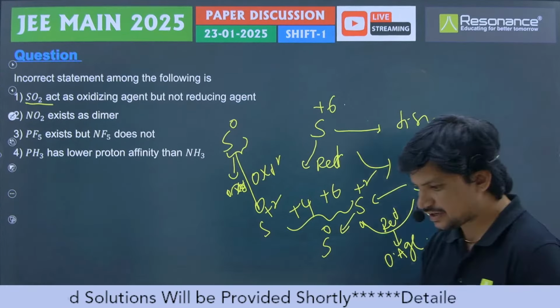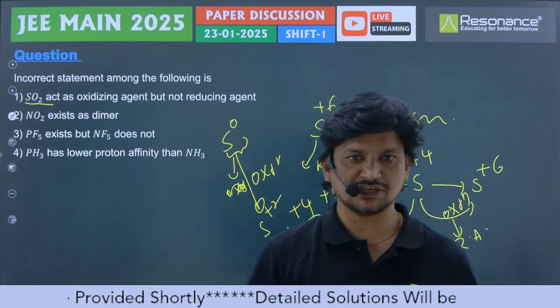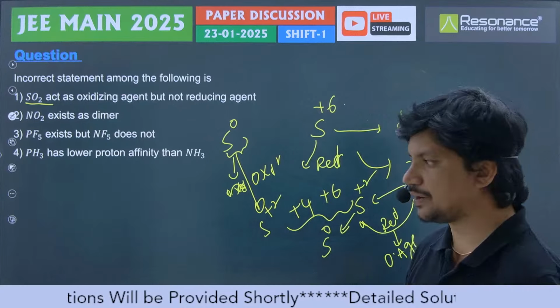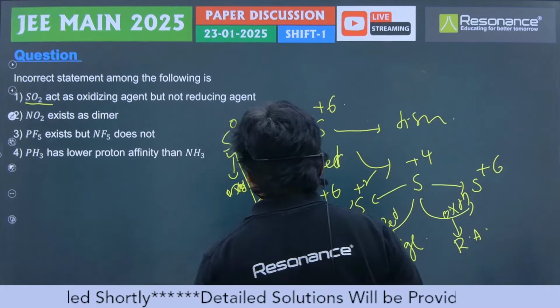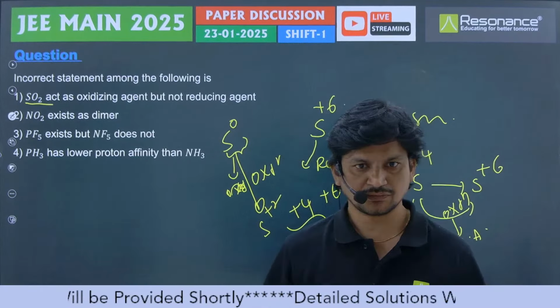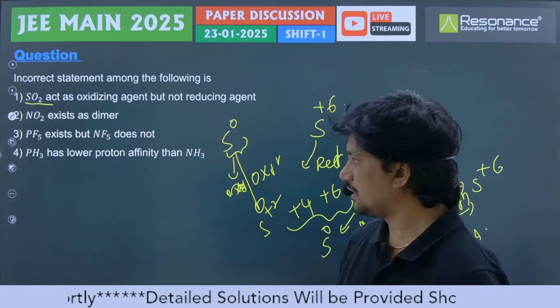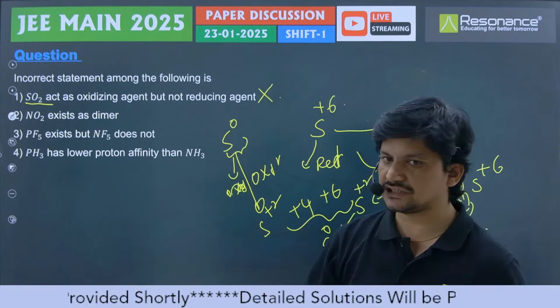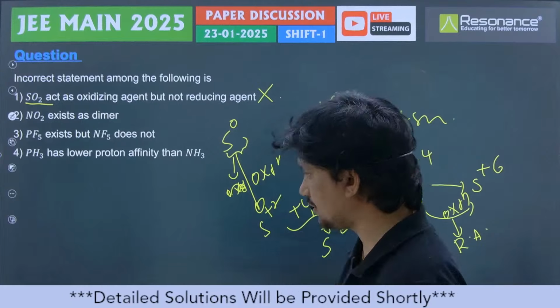So sulfur is not in the maximum oxidation state in SO2. Sulfur is in the +4 oxidation state. When it is in the +4 oxidation state, it can act as the oxidizing agent and it can act as the reducing agent. So the option given is wrong. SO2 can act as the oxidizing as well as the reducing agent, right?